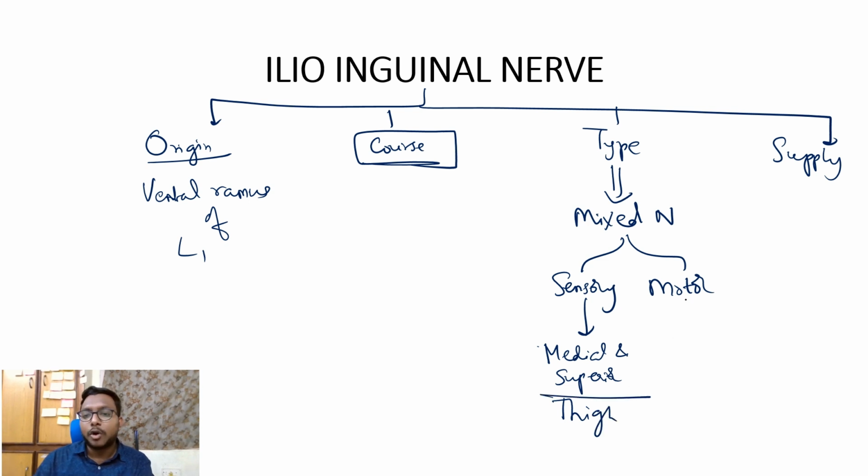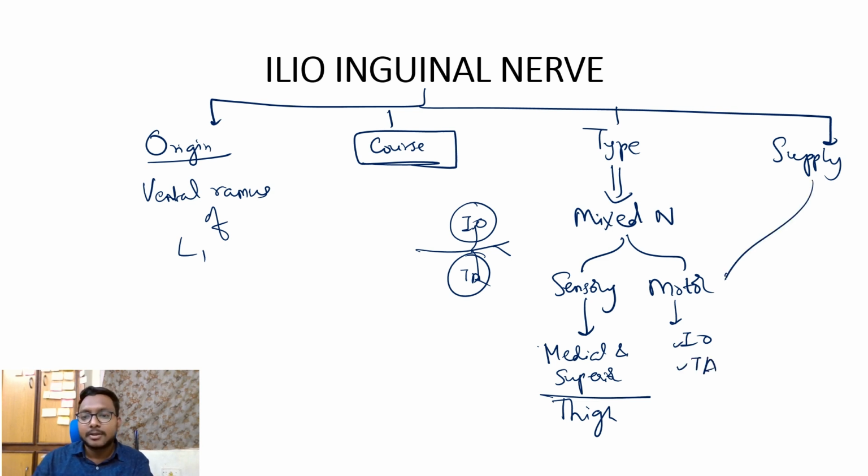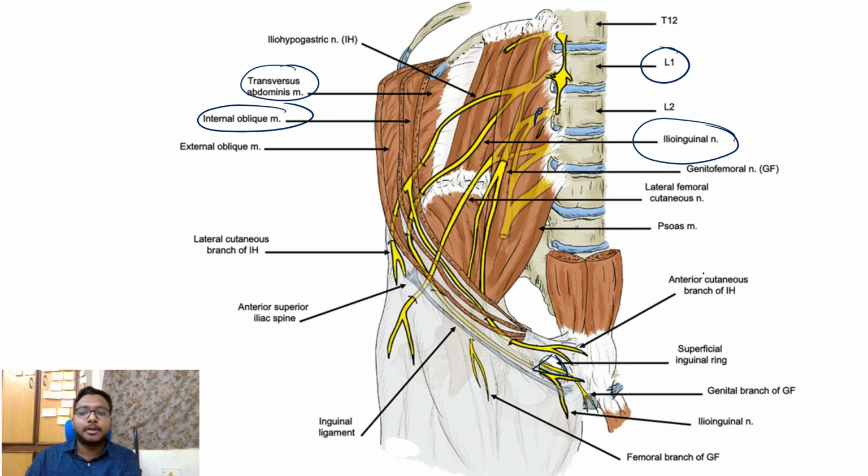Okay, right. Motor, as I just now told you, it is passing between internal oblique and transverse abdominis like this. So it will supply both muscles. Okay, so motor is to internal oblique and transverse abdominis. That is the supply. Okay, right.